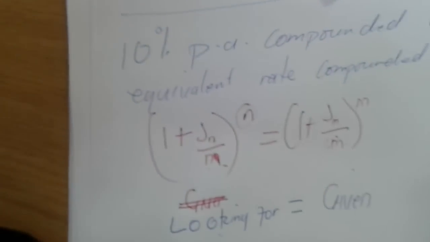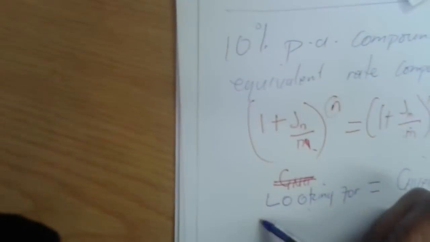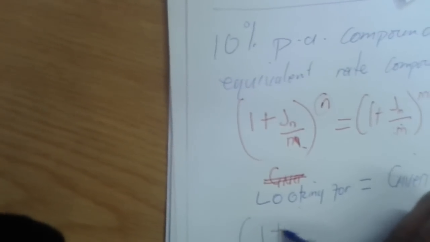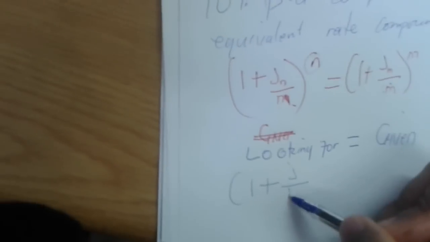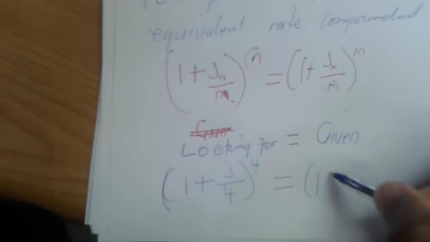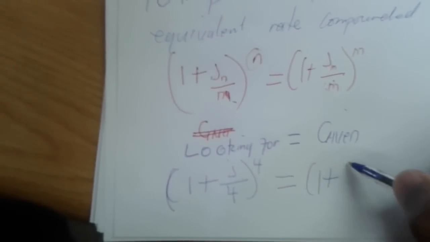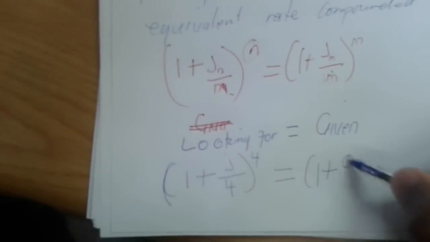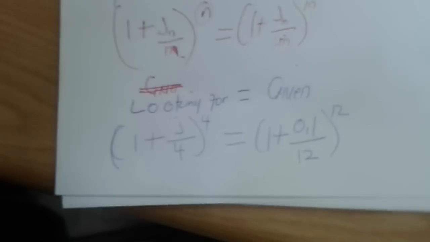So what are we looking for? We are looking for a rate that is compounded quarterly. So it will be (1 + j/4)^4, since there are 4 quarters per year, is equal to (1 + 0.1/12)^12, which is what we are given, compounded monthly.